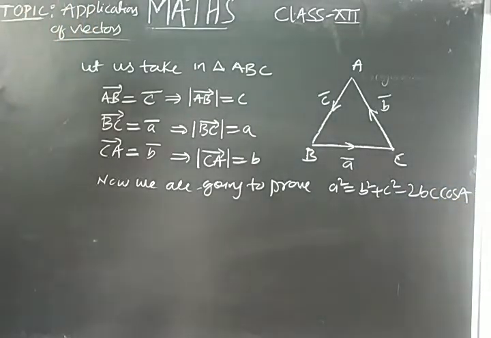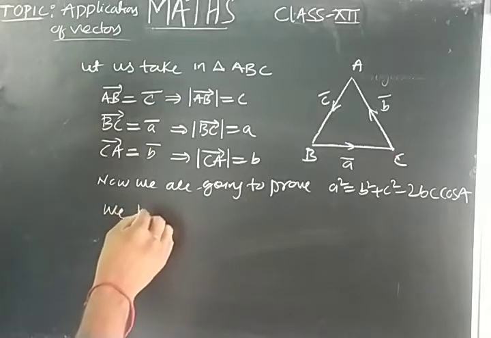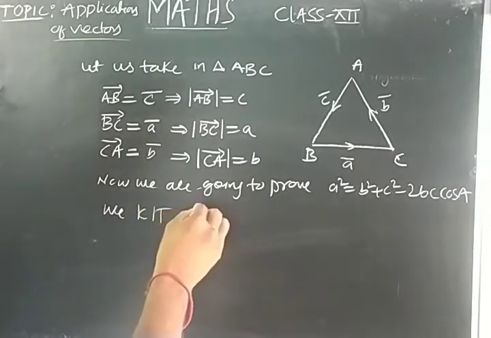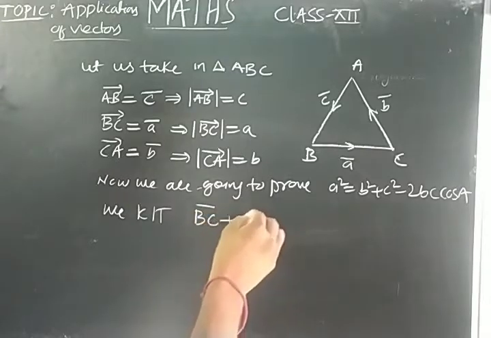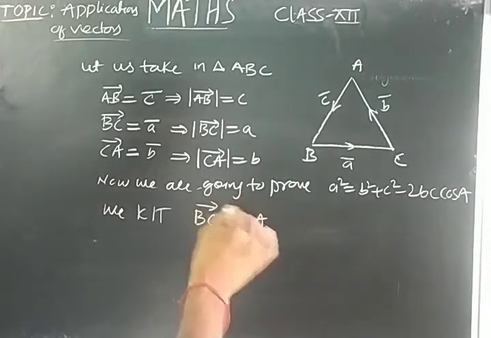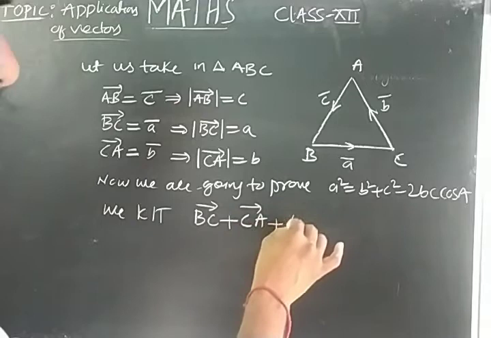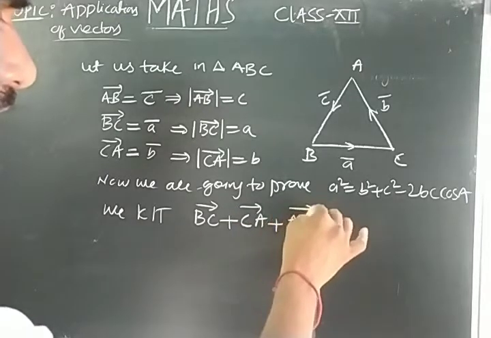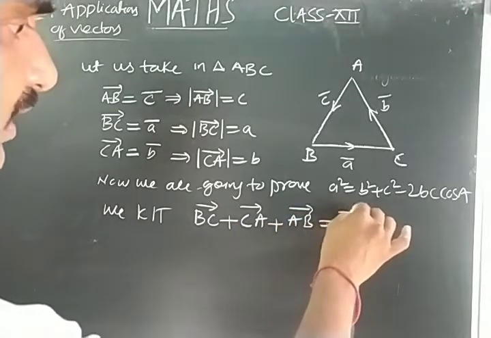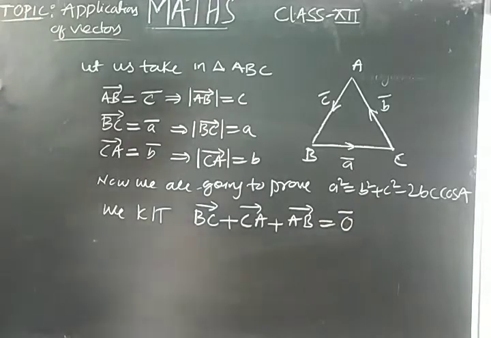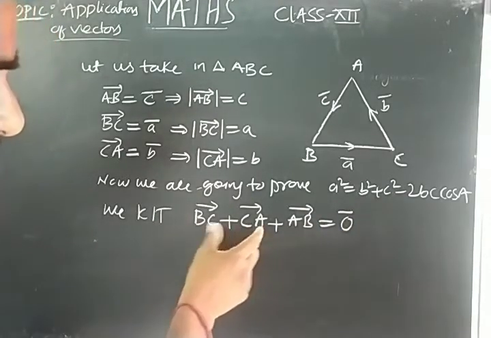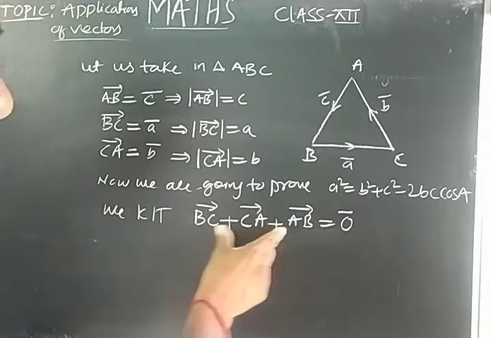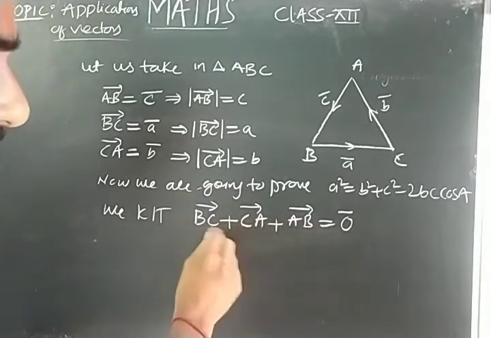We know that BC vector plus CA vector plus AB vector is equal to the zero vector. Why is it the zero vector? Because if you simplify BC plus CA, you will get the BA vector, B to A vector.